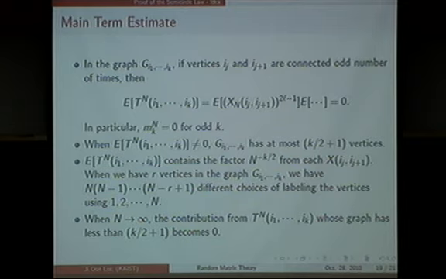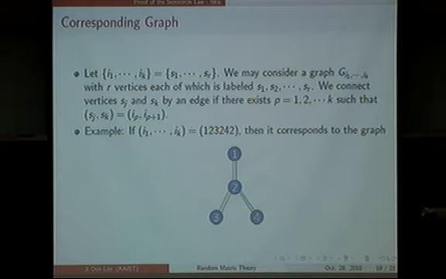The only exception comes from this case, because we have k over 2 plus 1 vertices and we have n times n minus 1 times up to n minus k over 2 different choices of labeling the vertices from 1 to n. So that means that when you draw this type of graph, you can say 1, 2, 3, and 4, but you may have 2, 3, 4, and 5, or 3, 4, n, and n minus 1.